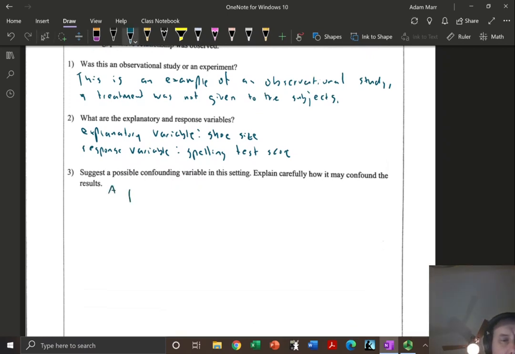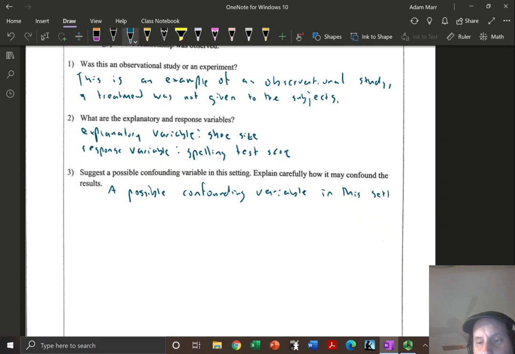So I'll just go ahead and say a possible confounding variable in this setting is the age of the students.